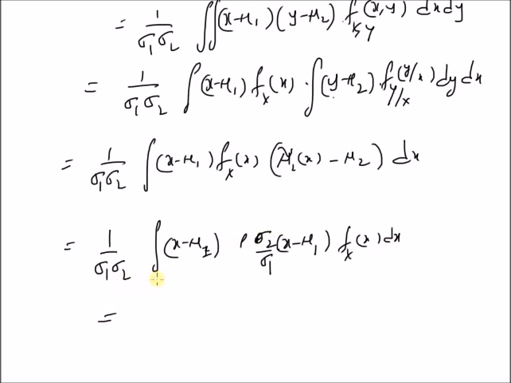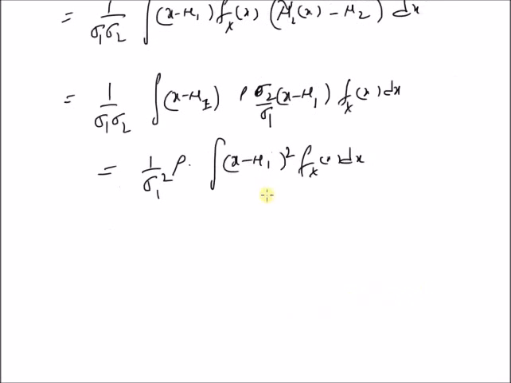Now by cancelling sigma 2's and gathering the constants, we have 1 by sigma 1 square into rho into the integral of (x minus mu 1) whole square into f_X(x) dx. And this is by definition the variance of the marginal PDF f_X(x), which is equal to sigma 1 square. So we have rho into sigma 1 square by sigma 1 square, which is equal to rho. Therefore, the correlation coefficient of the random variables x and y is equal to rho.